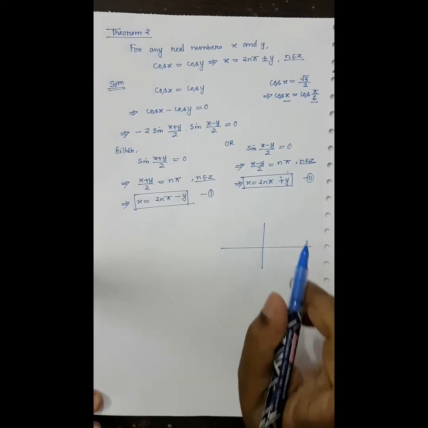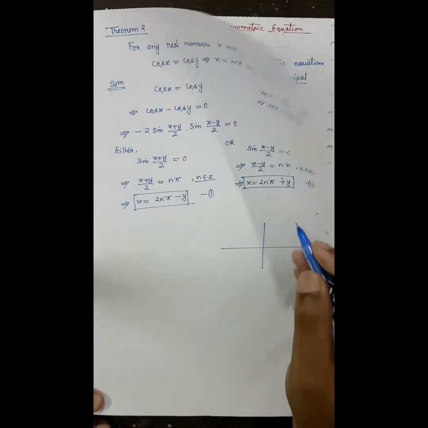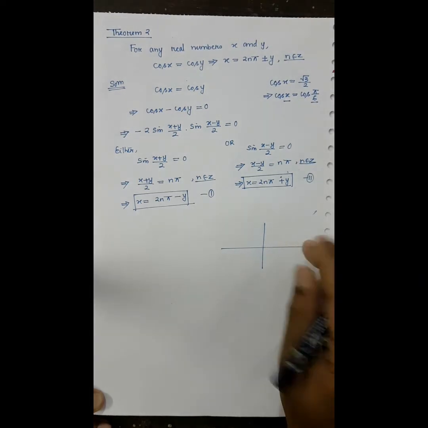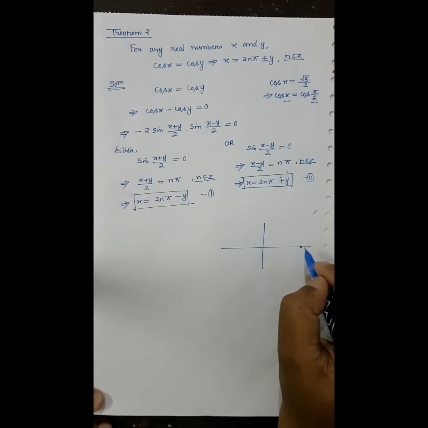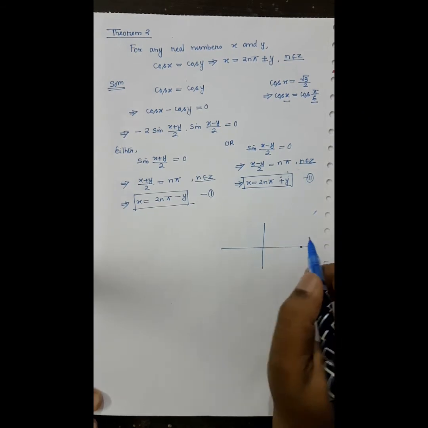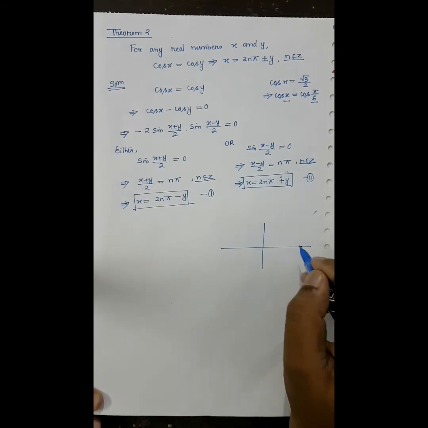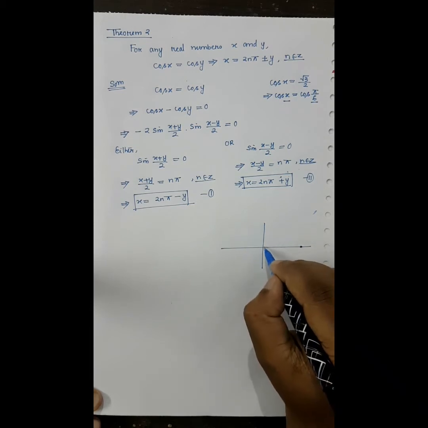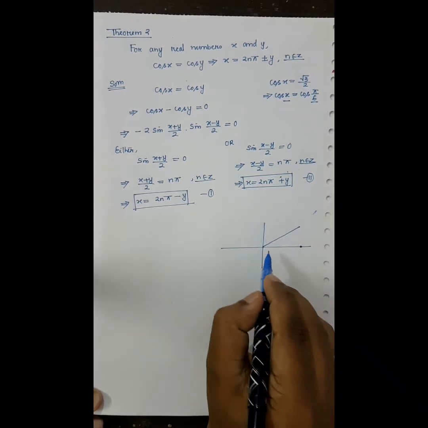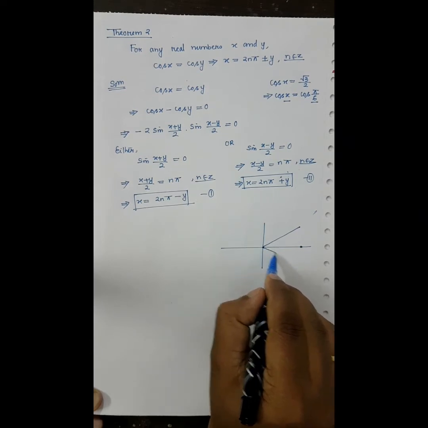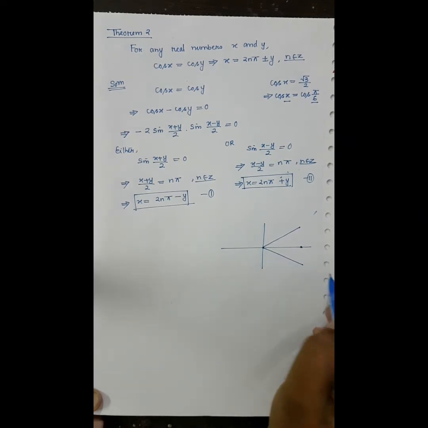If I say 2n pi, it represents these points. This is 0. If I say plus y, then it will be above the x-axis, and if it is minus y, it is below the x-axis.